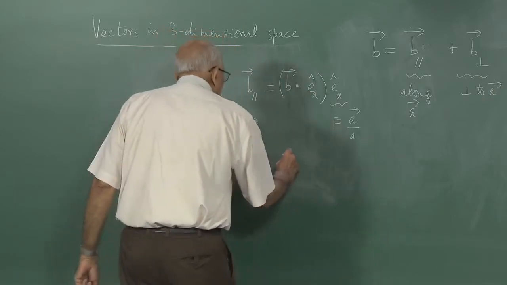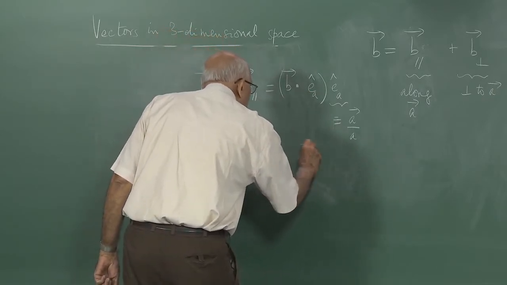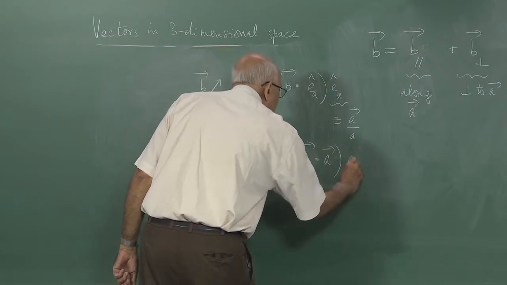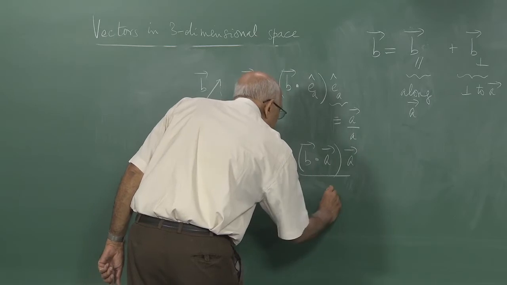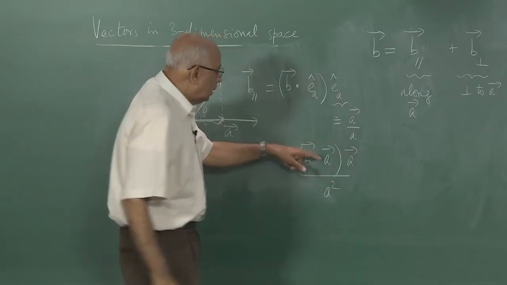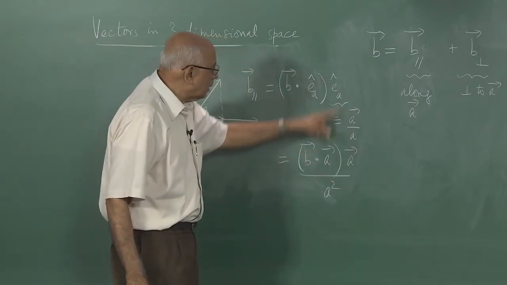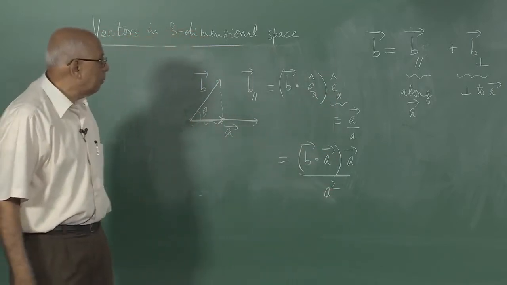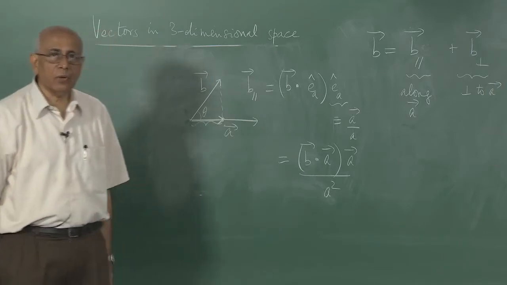So I can write B parallel to be equal to B dot A times A divided by A squared, because there is one A coming from this unit vector and another A coming from that unit vector. So I have a formula for B parallel, which is very straightforward.